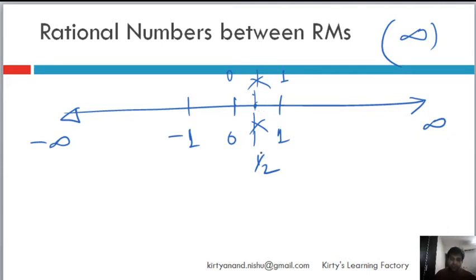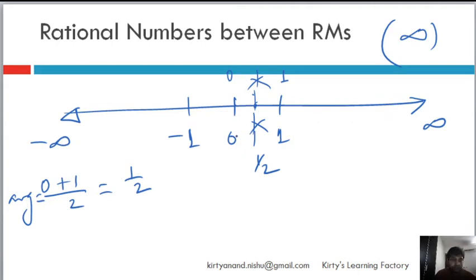So I get 1 by 2. The mathematical way of doing it is 0 plus 1, divided by 2, and I get 1 by 2. So basically I find the average of two rational numbers. And we have learned under averages, if you remember, that the average of two numbers is always greater than the smaller number and smaller than the larger number. That's how the average is calculated.